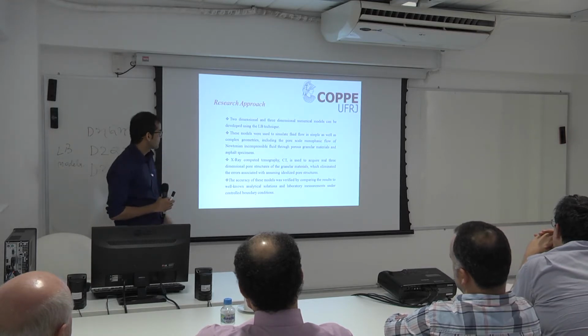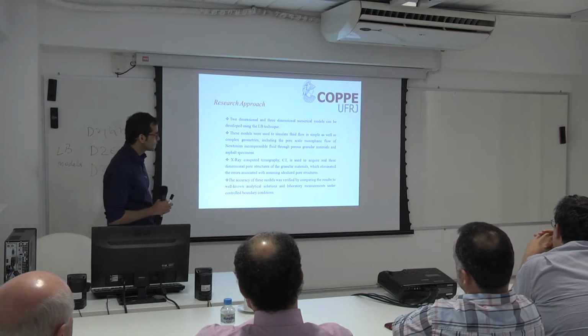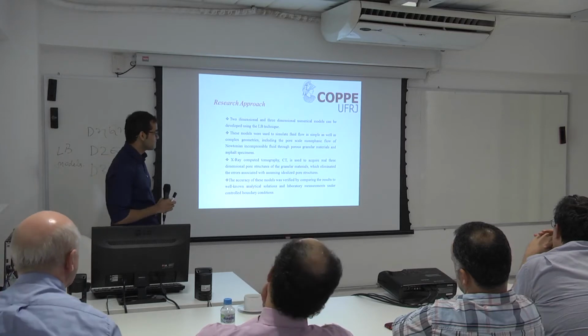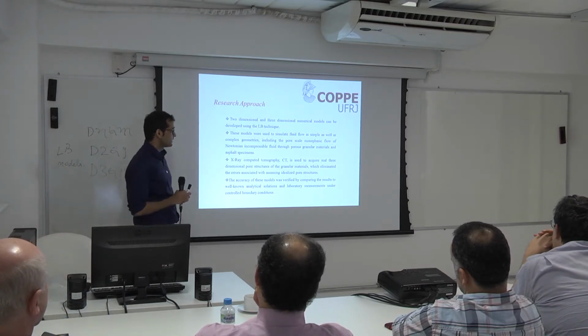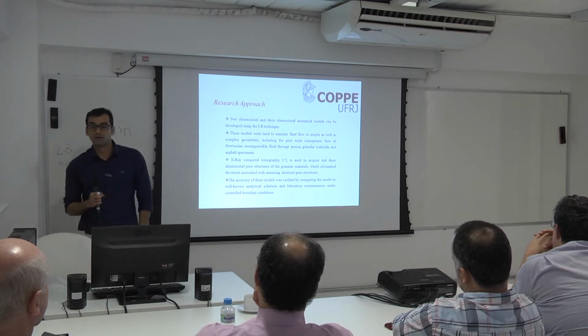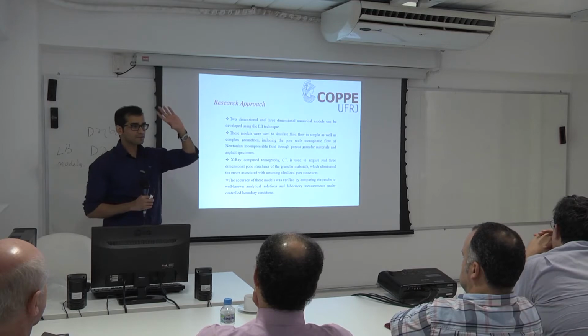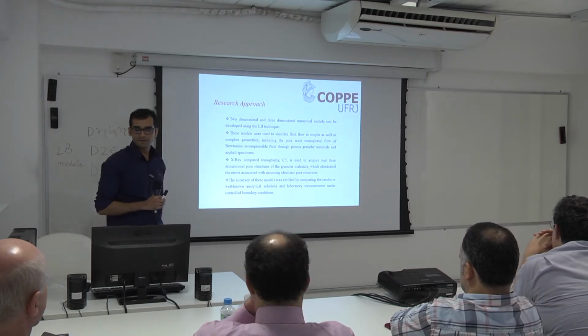Next, X-ray computed tomography, like I said, X-ray CT scan, is used to acquire the real three-dimensional porous structure of the granular materials, which eliminated the errors associated with assuming idealized porous structures. Because idealized porous structures were simple, some cones and some cylinders and some spheres arranged in the space.